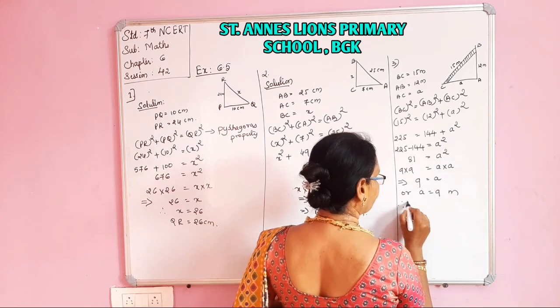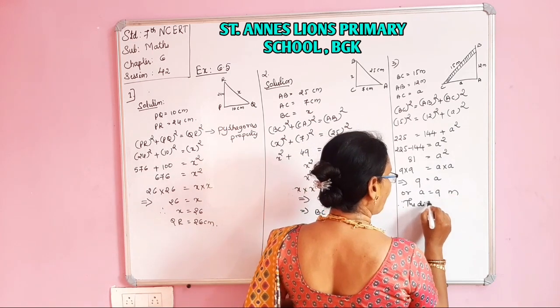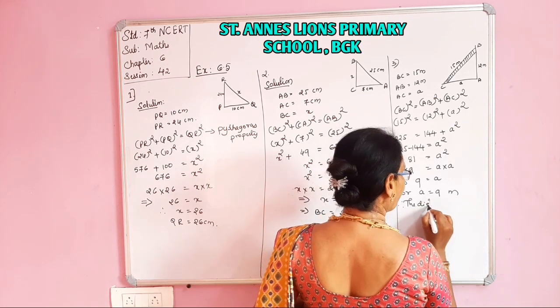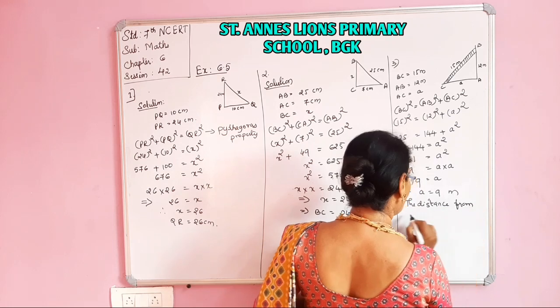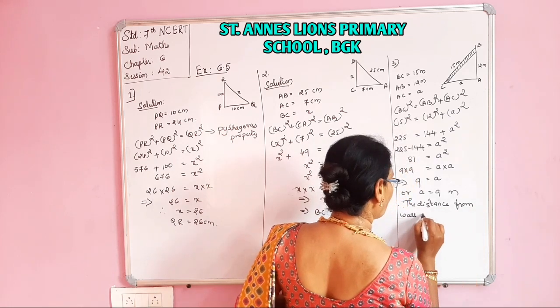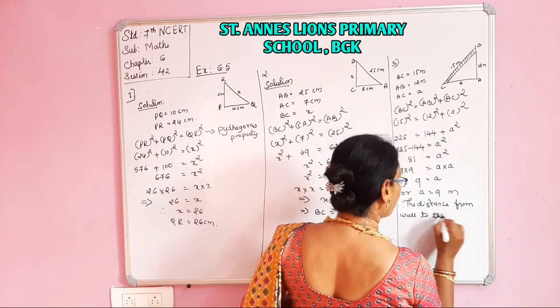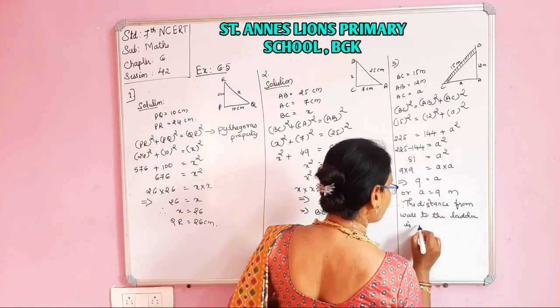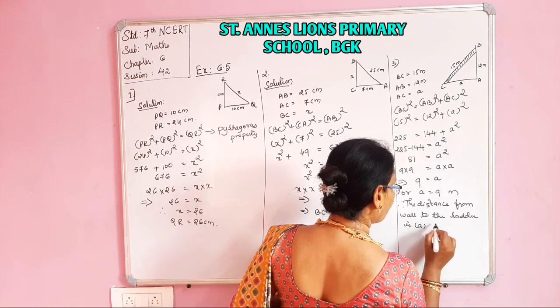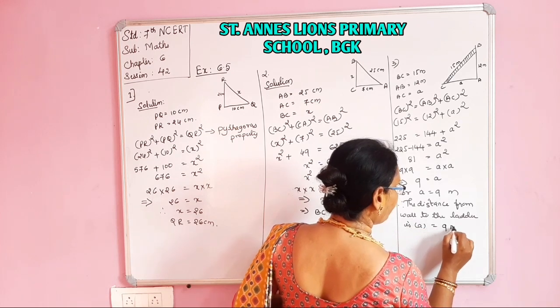So therefore the distance from the wall to the ladder is A, that is equal to 9 meter.